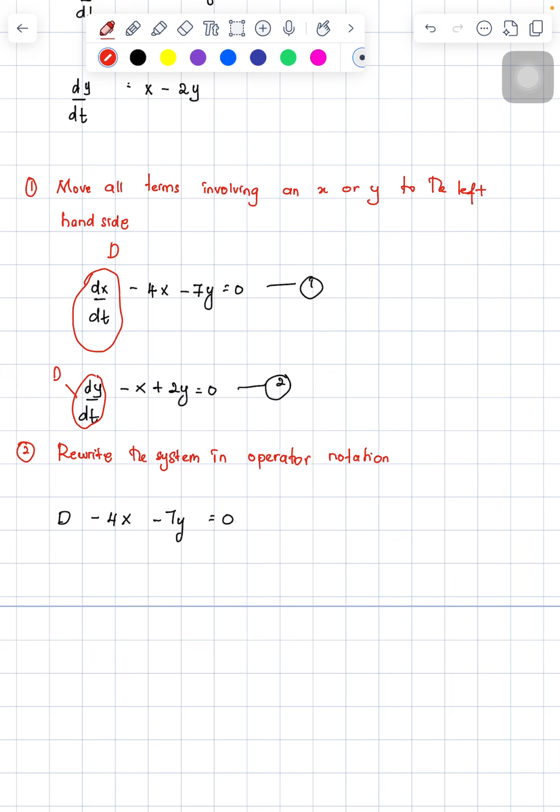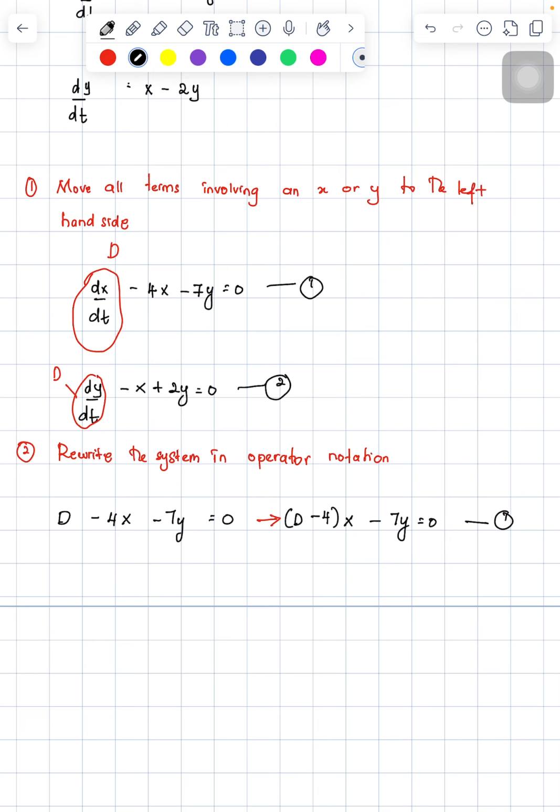Since D here is dx over dt, we can combine with 4x, so it equals (D minus 4)x minus 7y equals 0. This is the first equation.